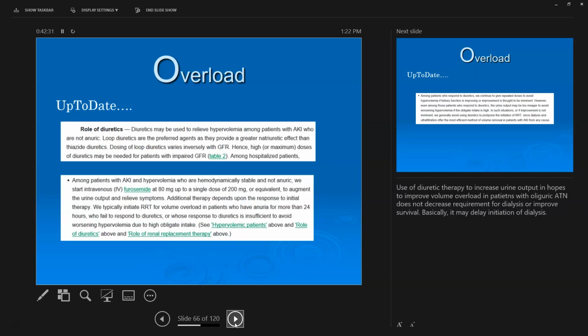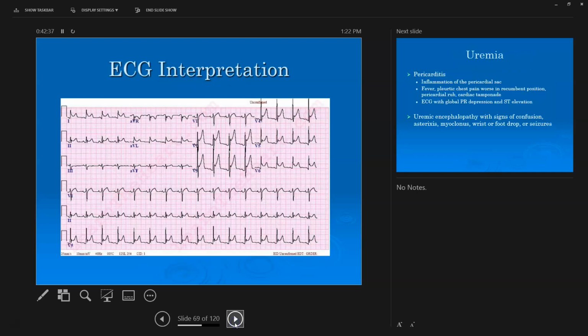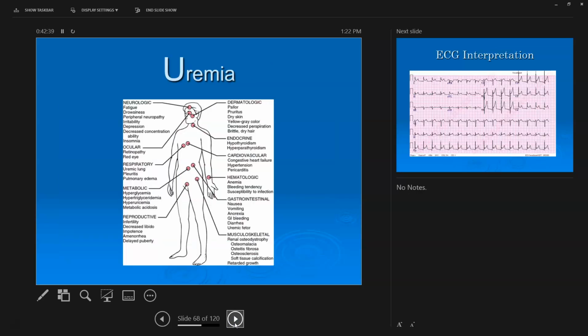I just snipped out some other guidelines for you guys to read through. Okay, so the last vowel, U, indication for urgent and emergent dialysis. Think about uremia. This is a nice picture of all of the systems and what you may see if a patient is uremic.